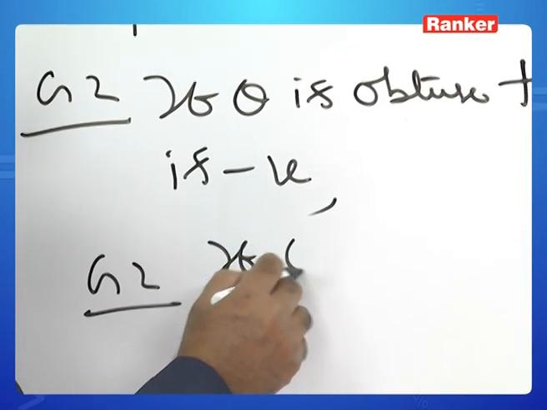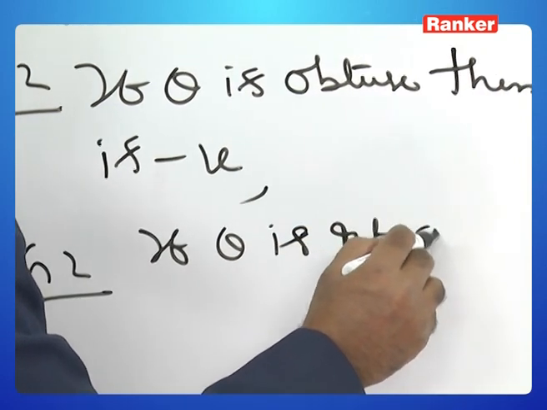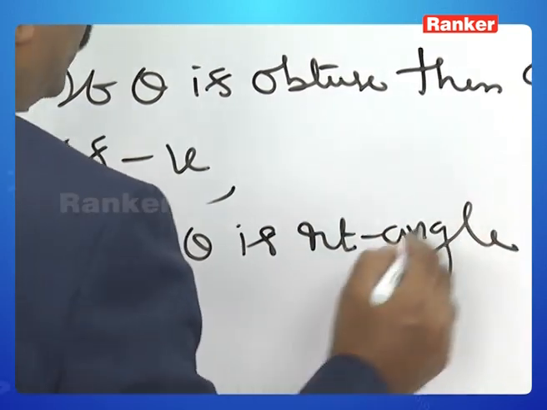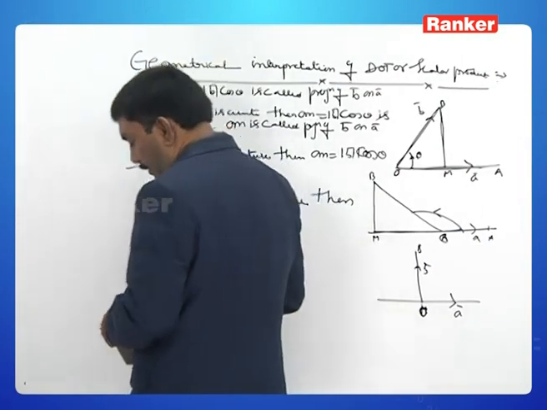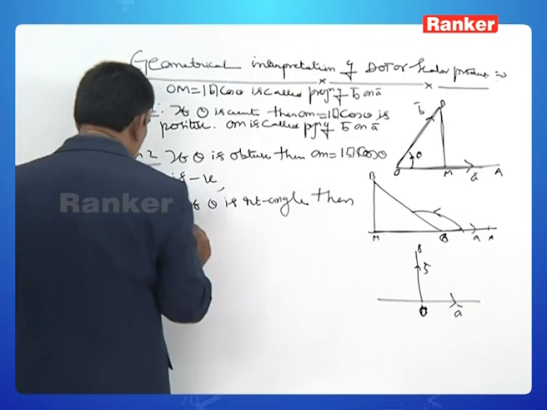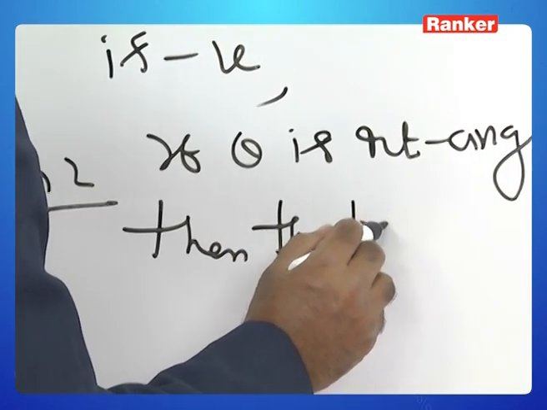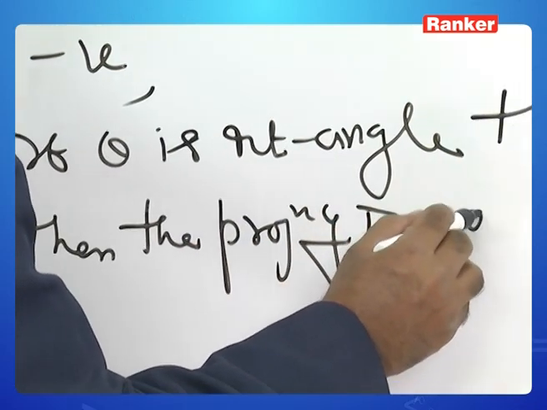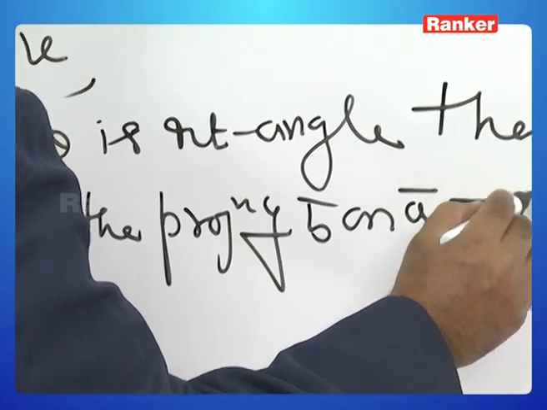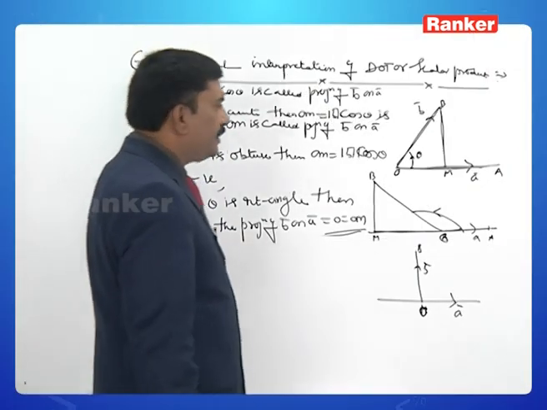If theta is a right angle, then the projection of B bar on A bar is equal to 0, that is, OM is equal to 0.